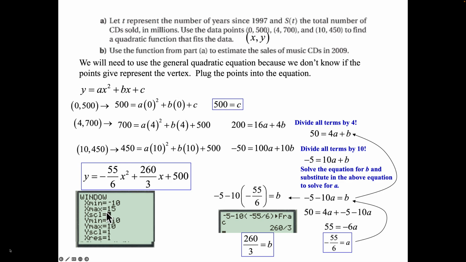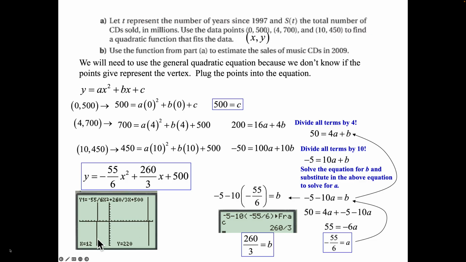So I need to go to my window and change my x max to something bigger than 12. Let's call it 15. And I regraph it, hit the trace button, type in a 12, hit enter, and now it says 220. So in the year 2009, there was 220 million CDs that were sold.